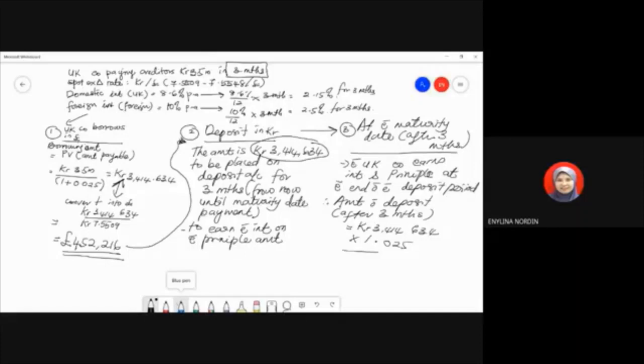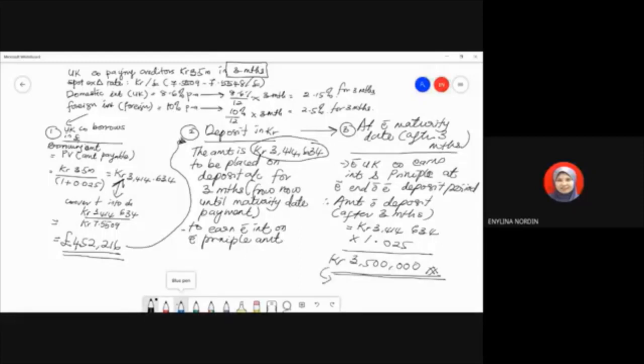Therefore, the amount of your deposit now in your account, in kroners, equals to 3.5 million kroners. So this amount is equal to the amount that you are going to pay to your creditors.